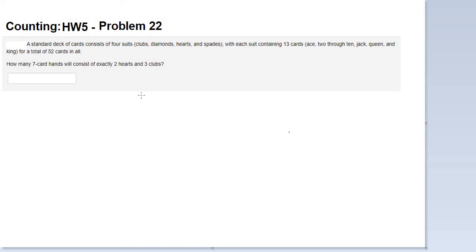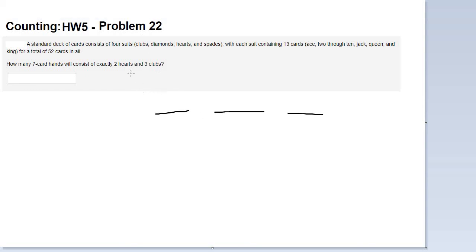Problem number 22. A standard deck of cards consists of 4 suits: clubs, diamonds, hearts, and spades, with each suit containing 13 cards, ace through king, for a total of 52 cards in all. How many 7-card hands will consist of exactly 2 hearts and 3 clubs?